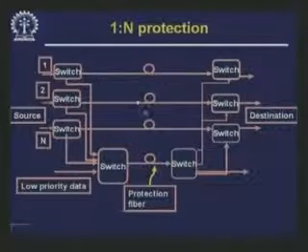So, what would happen is that in case there is a failure in any one, let us say the ith link from 1 to n, the ith source to ith destination is going through the ith link, and the ith link fails. So, the ith switch could switch the signal from the ith source to this particular switch at the bottom, and now the protection fiber would be carrying whatever signal was flowing down the ith channel, and then it will again feed it to the ith switch on that side.